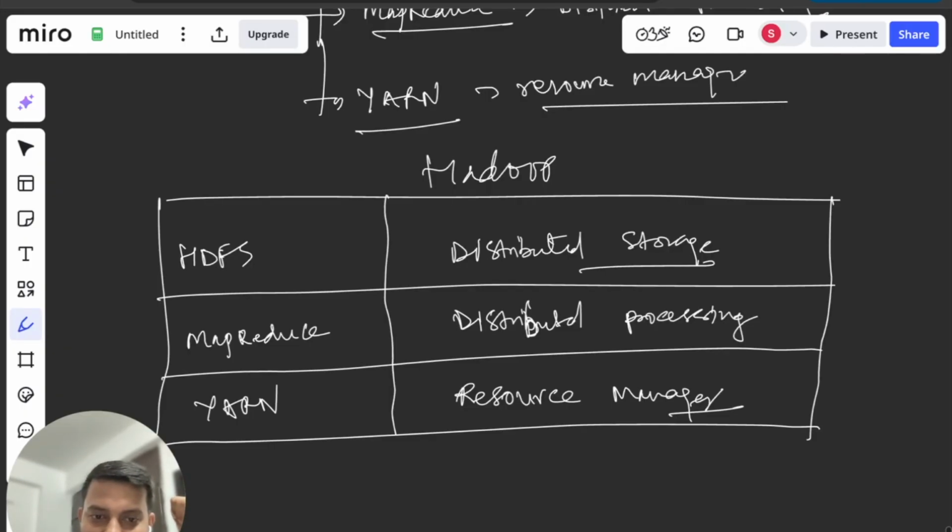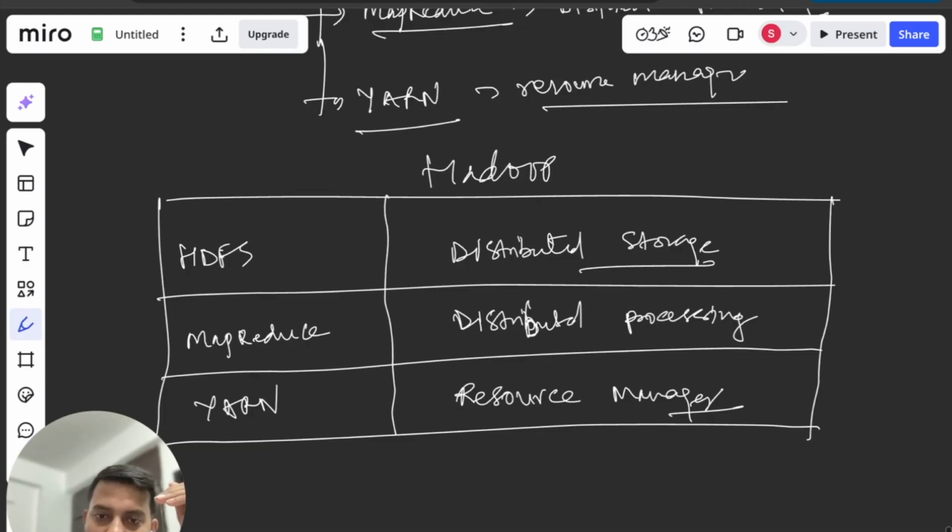Now I will tell you what happened to MapReduce. Writing MapReduce code was very hard. It involved Java, which required many lines of code even to perform a small task.